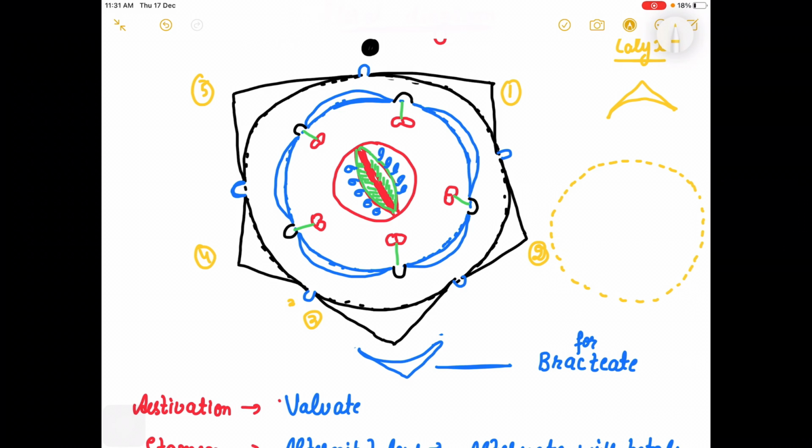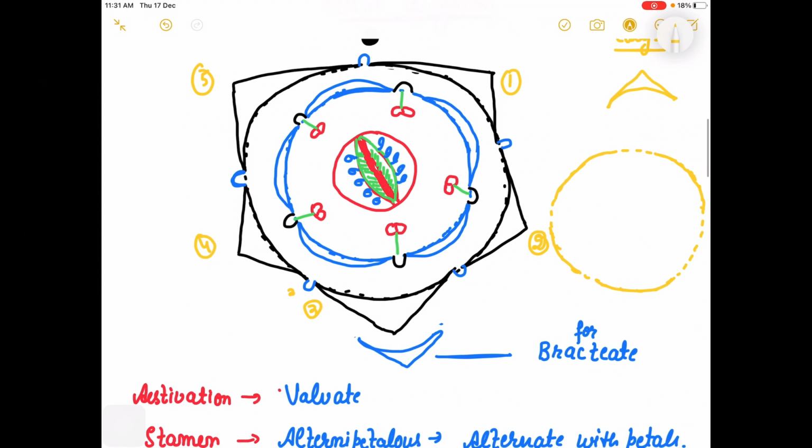This will help you to mark the location. 1, then 2, then 3, and it is 4, and here, as you can see, here is 5. So now you can easily make the shape, right? Like this. You can now draw the shapes of your calyx.